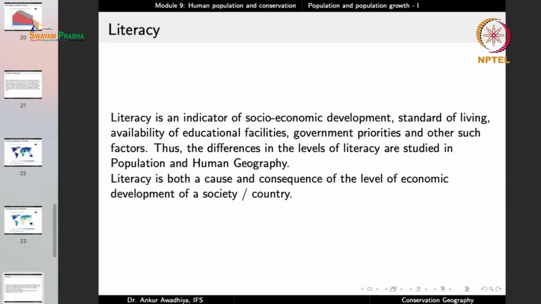Another important population parameter is literacy, or the number of people who can read and write. Now, literacy is an indicator of the socio-economic development, standard of living, availability of educational facilities, government priorities, and other such factors. So, it is an indicator of socio-economic development. Areas that have a higher socio-economic development typically have more literate populations.